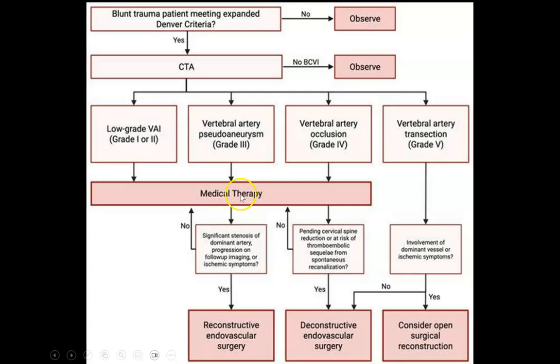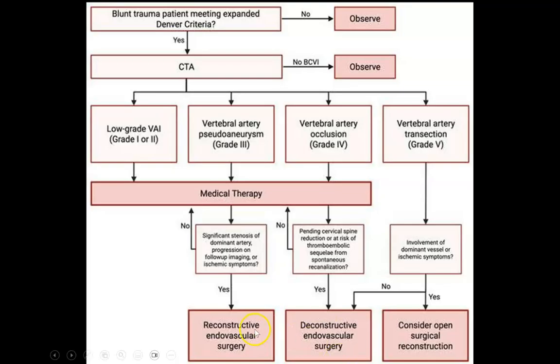So first you give medical therapy, if it fails, reconstructive endovascular, and if you give medical therapy and you have pending cervical spine reduction at risk of thromboembolic sequelae from spontaneous recanalization, deconstructive endovascular surgery, you can occlude the artery if the patient can tolerate it.